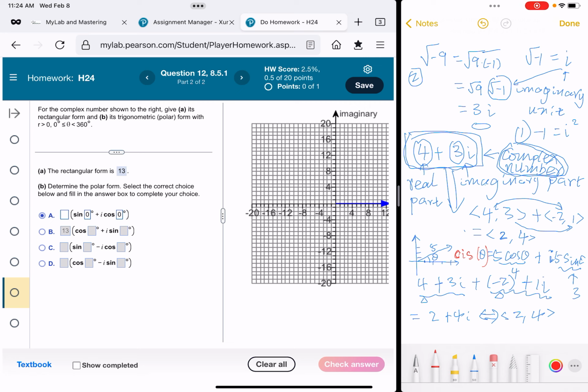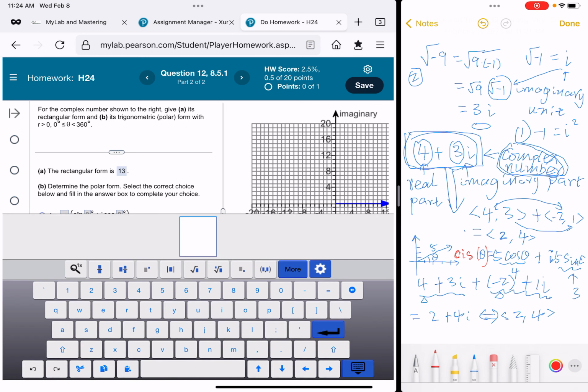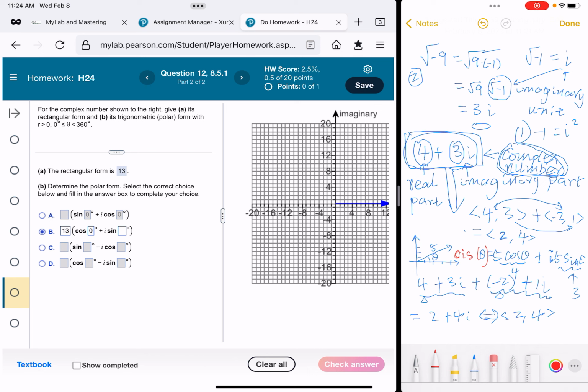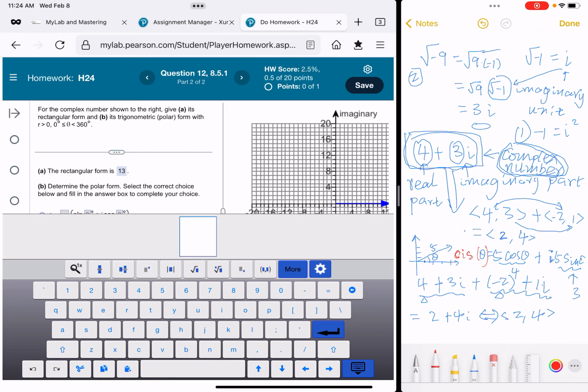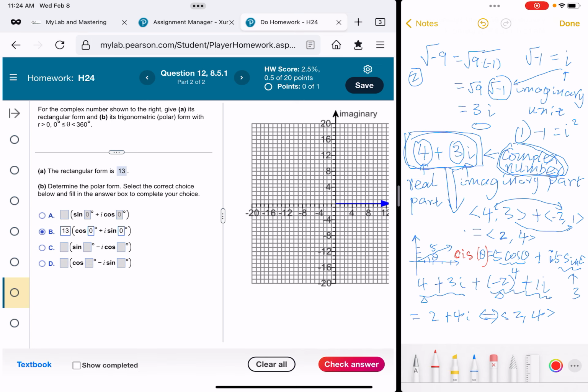Oh, we should do this one. So we put 0 here and see if we got 0. Good. And here we input 0, get the keyboard to disappear, and then we may check our answer.